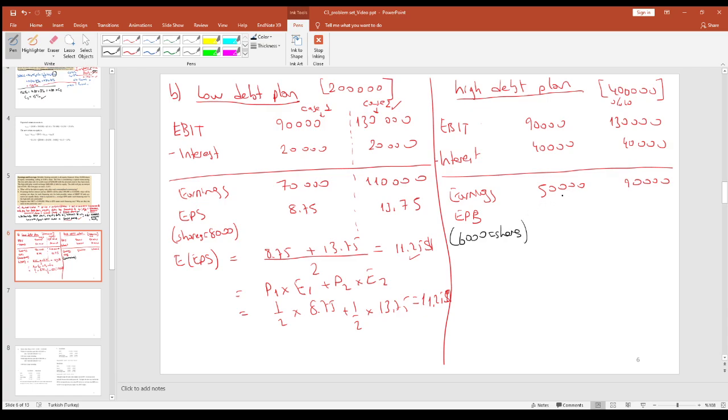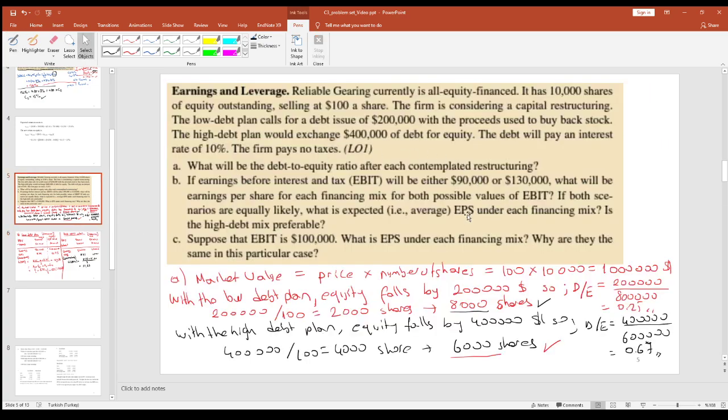If you divide 50,000 by 6,000 shares, you are going to have $8.33 per share, and for this one you are going to have exactly $15. So the expected earning per share here will be the average of these two, which is $11.67. Remember the last part of the question: if both scenarios are equally likely, what's the expected earning per share under each financing mix?